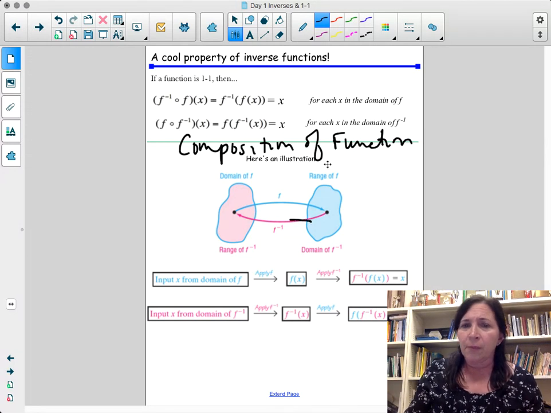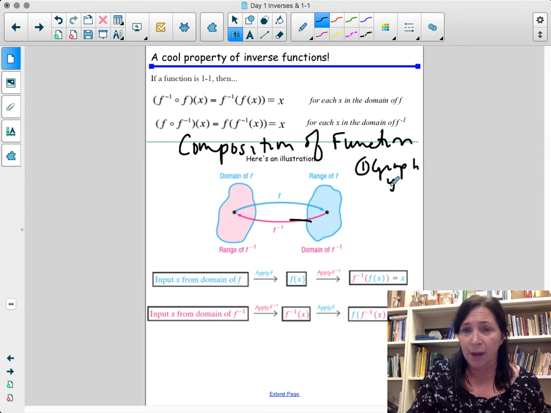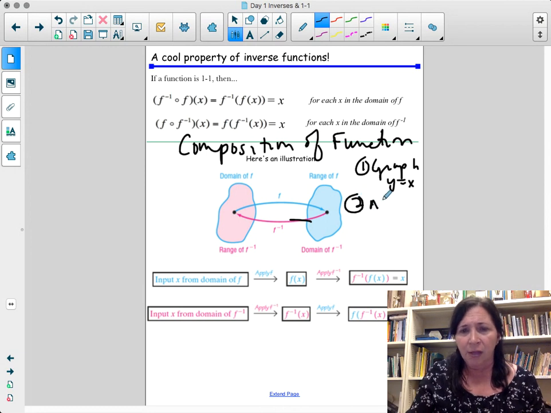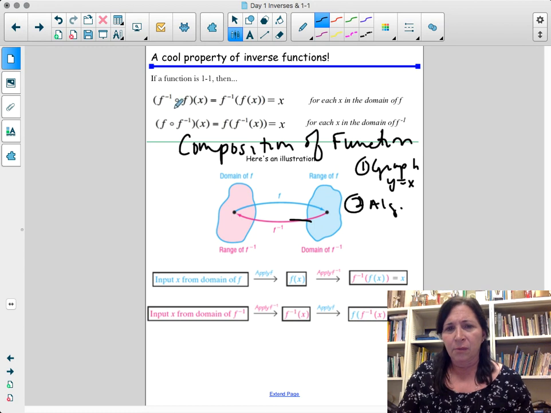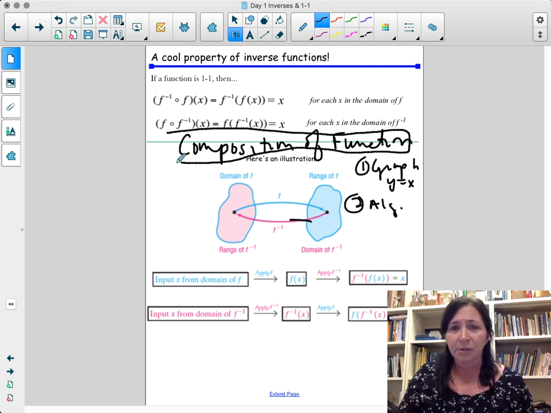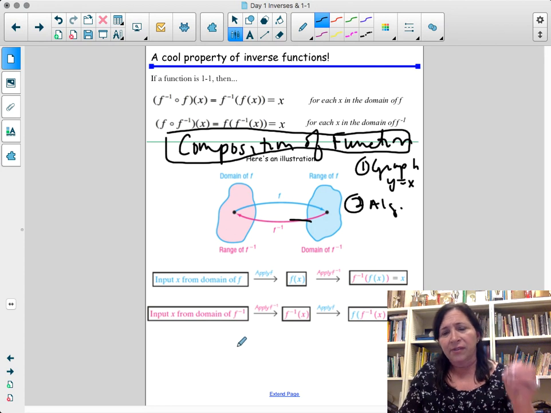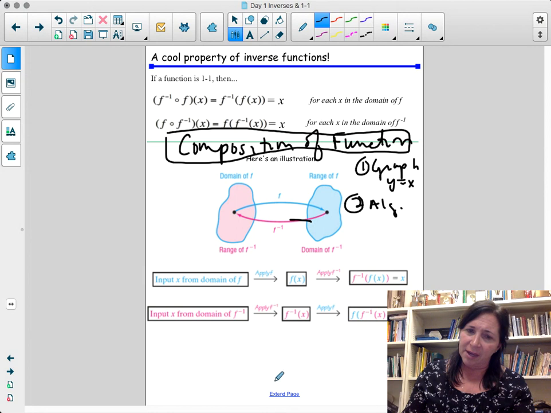We know that we can graph and reflect across the y equals x line, and we can find the inverse algebraically. This method, the composition of functions, basically plugs f of x into the inverse and plugs the inverse into f of x.